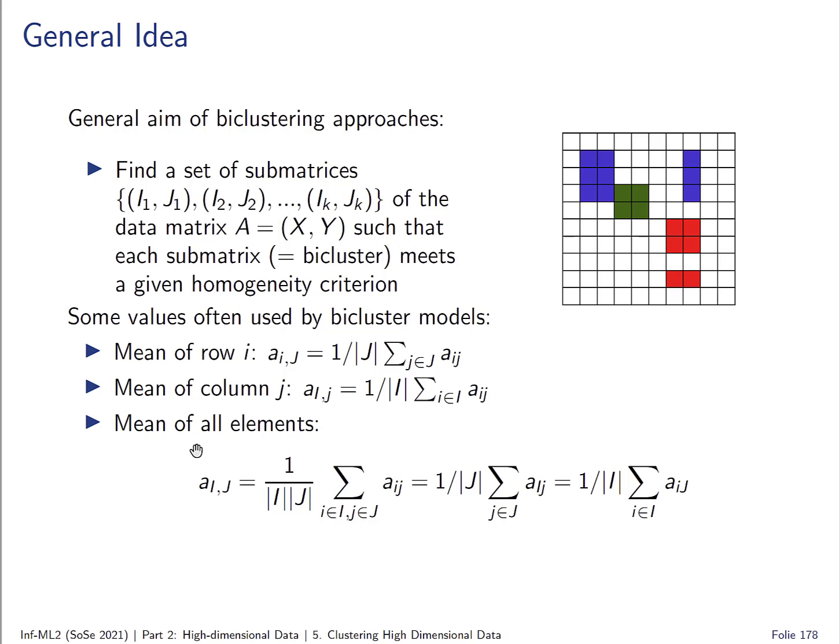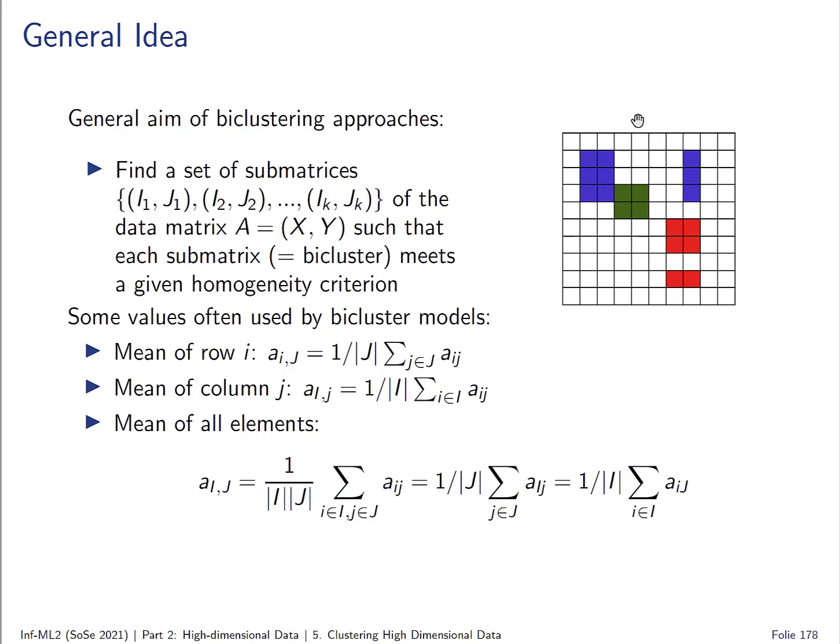The same can be done with the mean of the column j. In that case we iterate over all rows in capital I, and sum all the values in the specific column over all the rows in capital I. So you see here the sum, and of course normalize this by the number of rows.